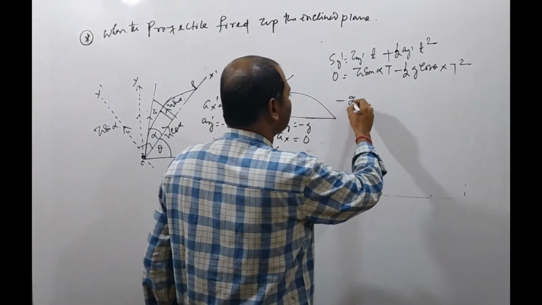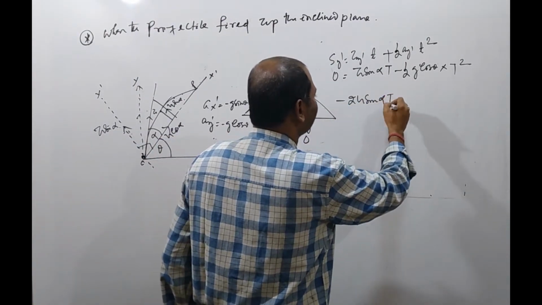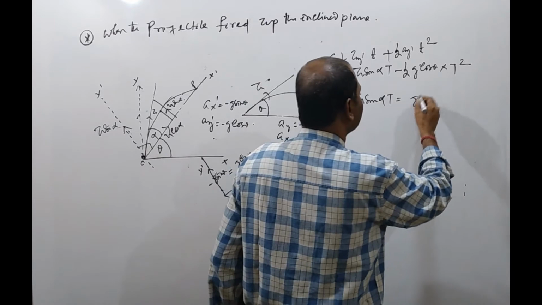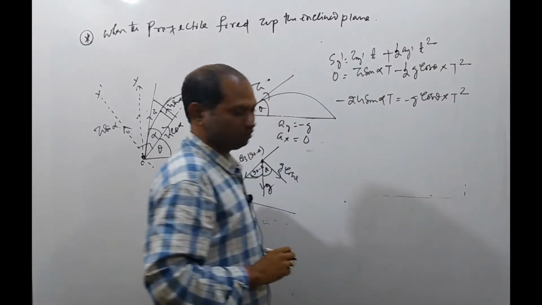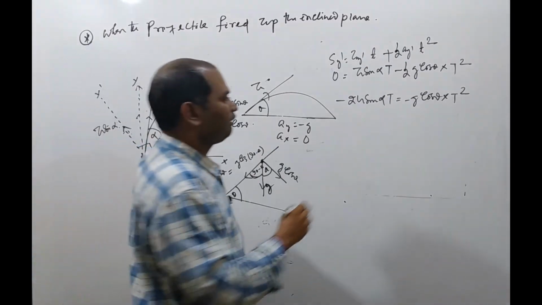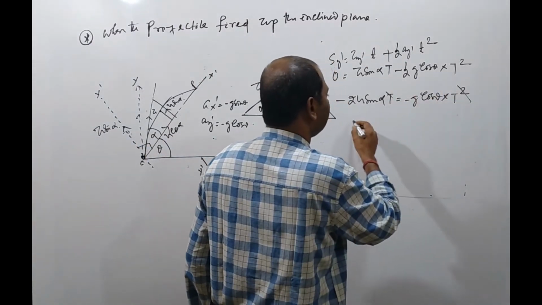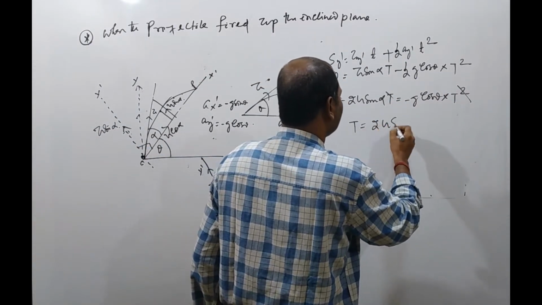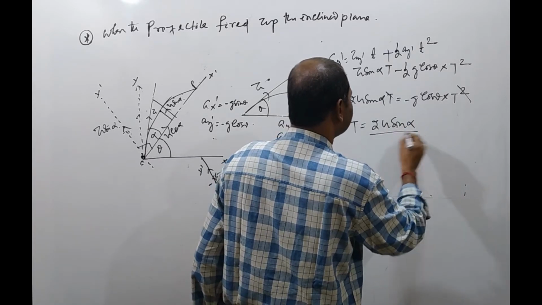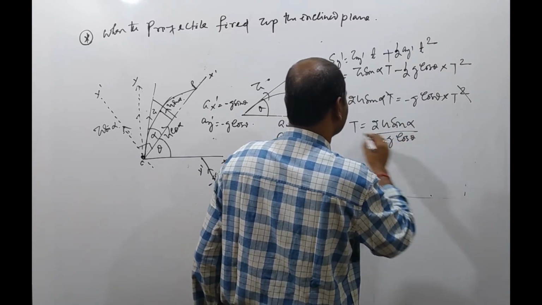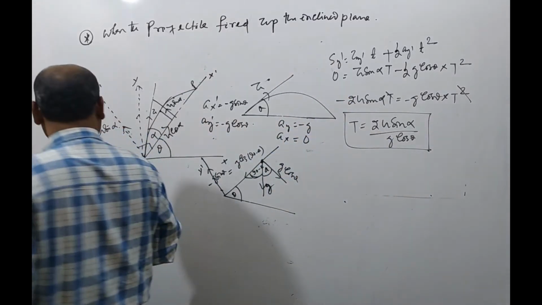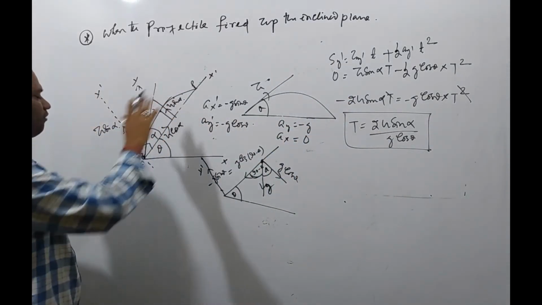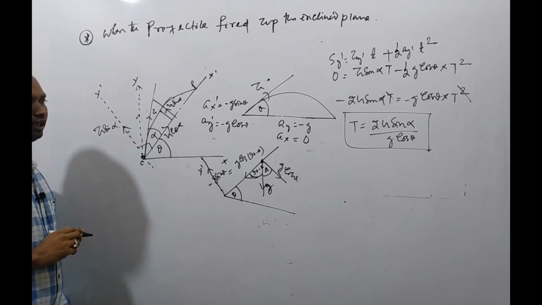So 2u sin alpha T is equal to g cos theta into T square. Then T is equal to 2u sin alpha divided by g cos theta. This is the total time of flight of the projectile on the inclined plane from O to P.